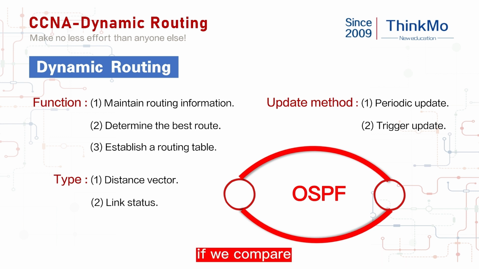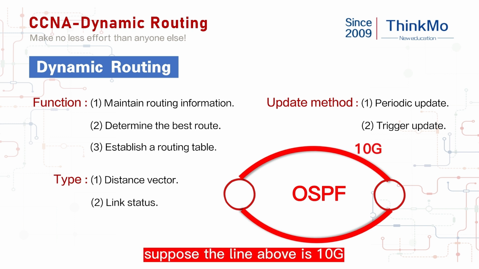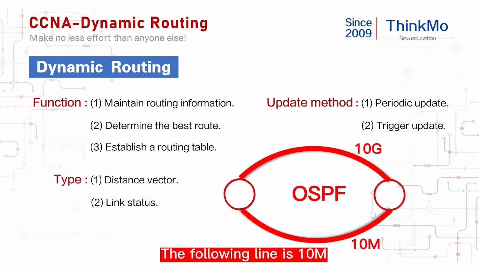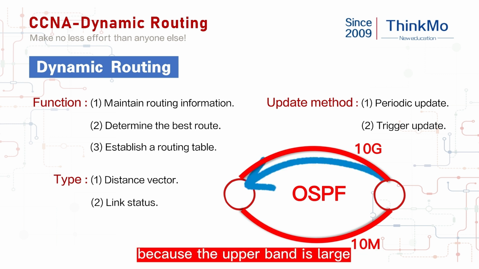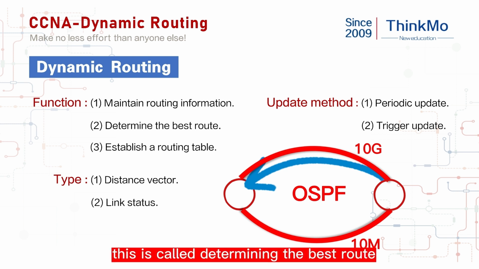If we compare, we'll only compare routing metrics, and this value is calculated differently by each protocol. OSPF selects the best route based on bandwidth. Suppose the line above is 10 G and the line below is 10 M. Then it will choose the route above, because the upper bandwidth is larger. This is called determining the best route.